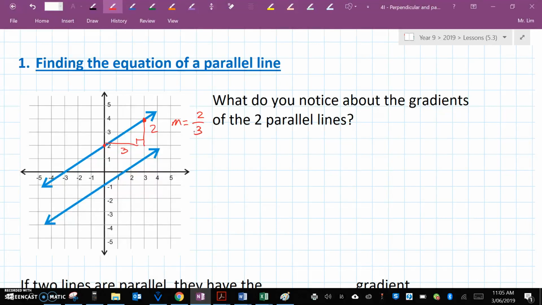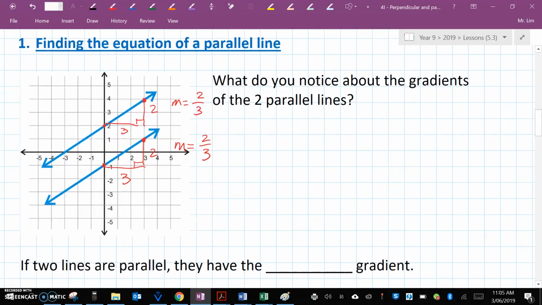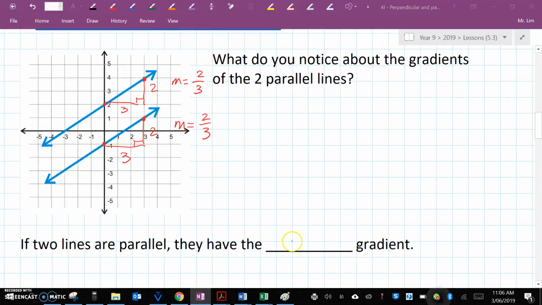For line 2, I'm going to pick this one and this one. Okay, on the corner of the square, form a right angle triangle. Rise is 2, run is 3. M is rise over run, 2 over 3. So we notice that the gradients are the same. So if two lines are parallel, they have the same gradient.